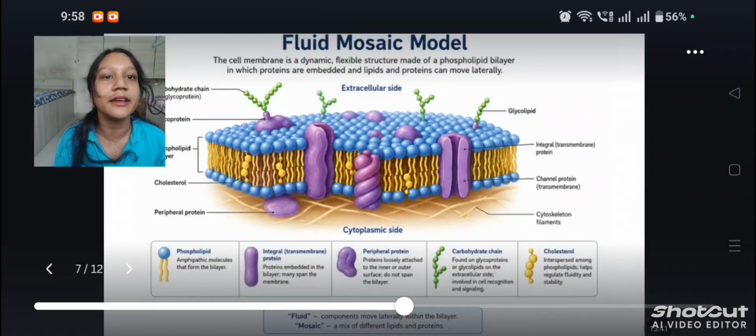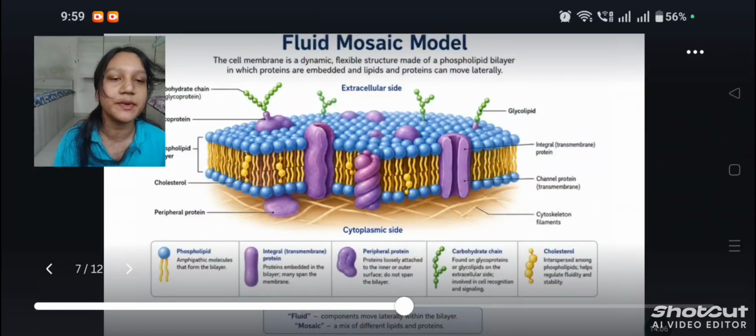There are carbohydrate chains attached directly to the phospholipid layers and the proteins. The ones attached to the lipid layers are known as glycolipids, and the ones attached to the proteins are known as glycoproteins. They are found on the extracellular side and are involved in cell recognition and cell signaling.